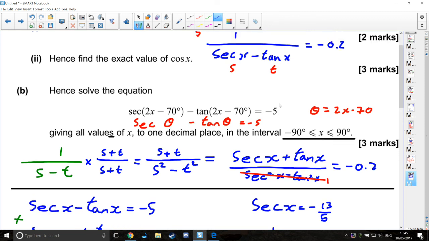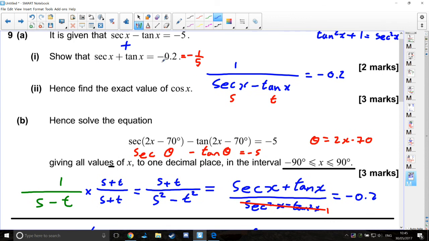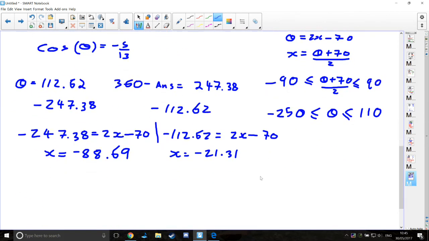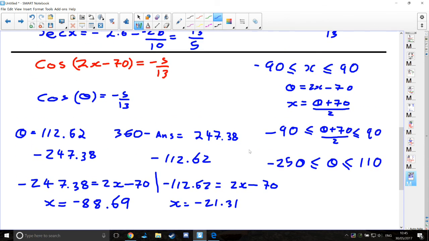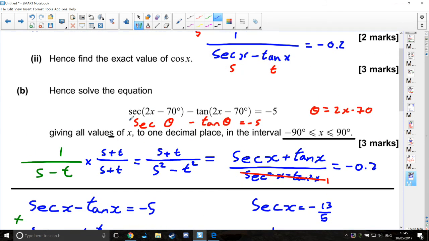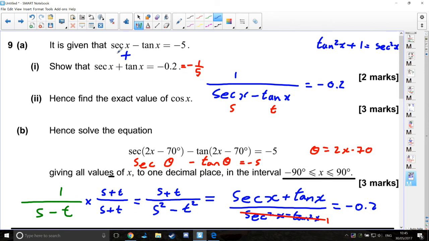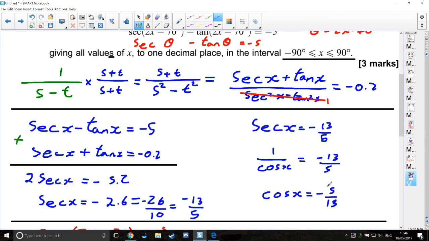In fact, I believe it gives you a solution to this equation up here, not for this one. This solution, negative 21.31, does in fact work for this here. And because we've used both of these formulas to derive this here, it's not implied both ways that this solution works.